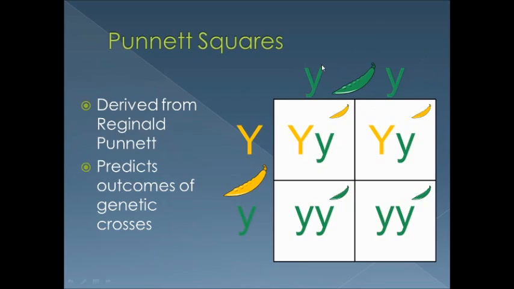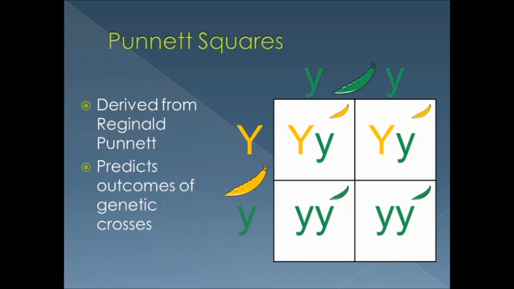So we can use the letter Y for each one to determine the color of the pea plant. So a capital Y is because the yellow is dominant, lowercase because the green is recessive.